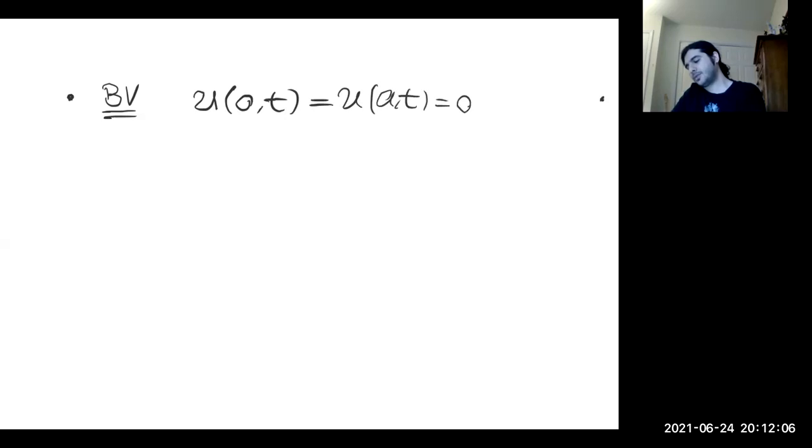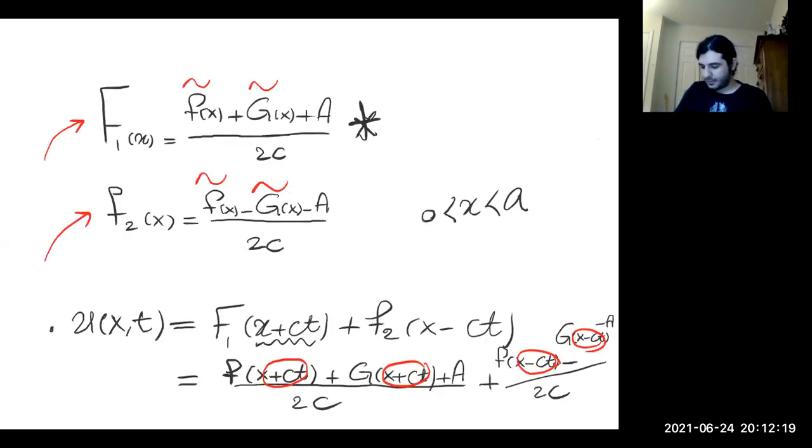When we have some string vibrating, these two points are fixed. Those two points don't move. Now, if we let x be equal to 0 in this thing here, let's replace x with 0 and see what we are going to get.